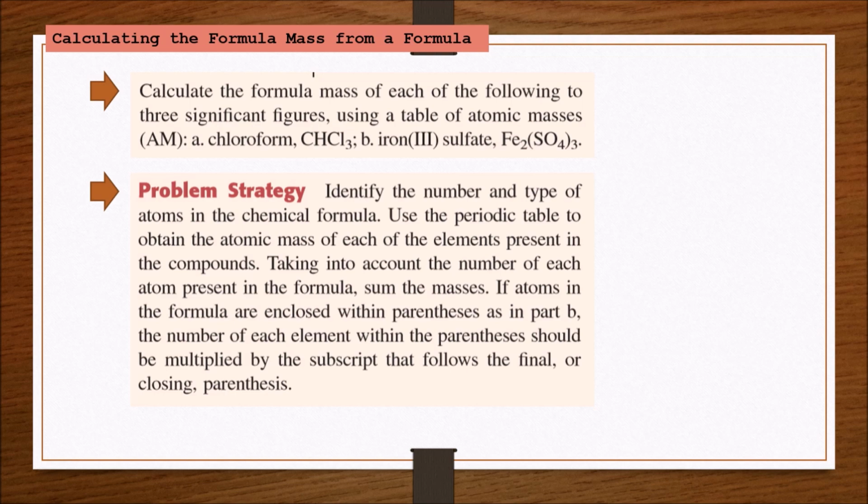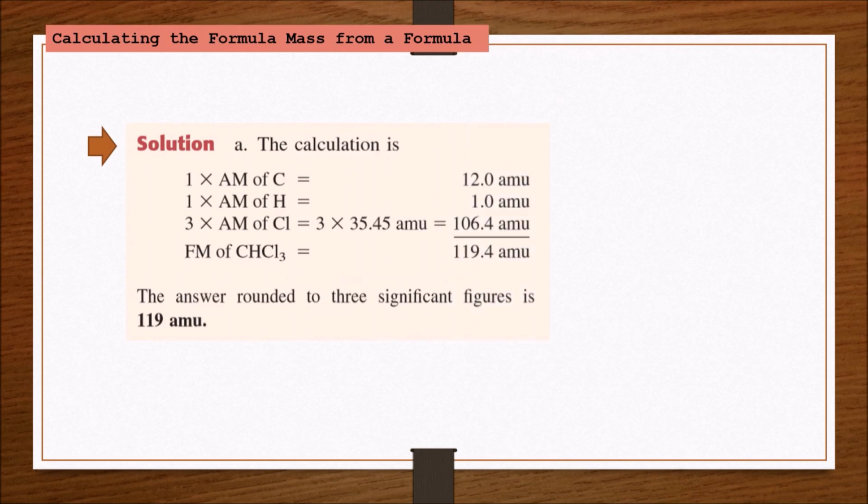You also have to take into account the number of each atom present in the formula, and then you sum the masses. If the atoms in the formula are enclosed with parentheses, just like in letter B, the number of each element within the parentheses should be multiplied by the subscript that follows the closing parenthesis. Okay, so this is how you do it.